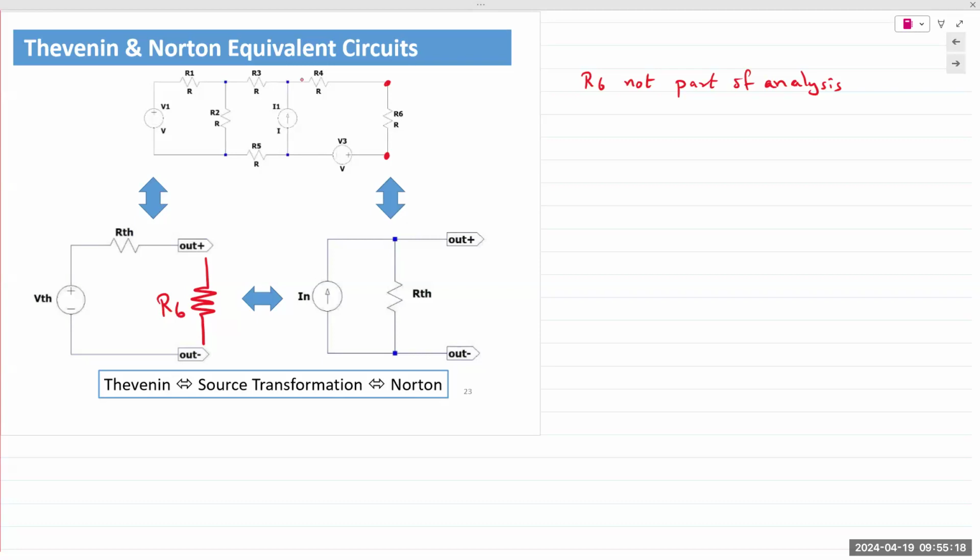Now, if you have this circuit on the left, the out plus and out minus is simply the label. Don't worry about that. If you wish to find the voltage through R6, what technique could you apply?